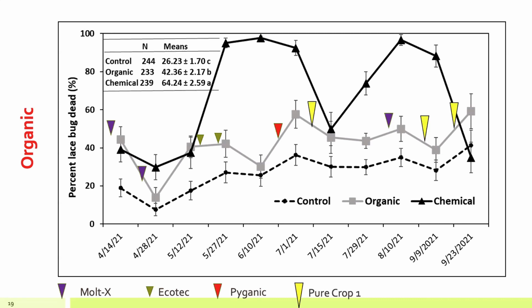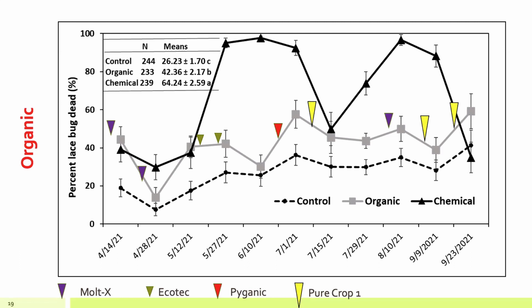And in this case, the Pure Crop helped maintain the level of death, or percent dead, on top of the leaves during that period. So overall, you're not going to get 100% control, I think, with the organic products, but it'll still be better than not applying anything at those points.